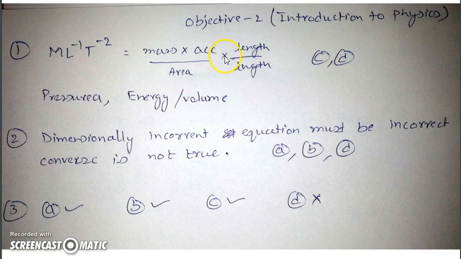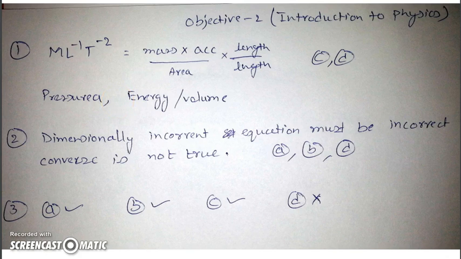What I did was multiply and divide by length, so mass into acceleration is force, force upon area is pressure, and force into length will be energy, and area into length will be volume, so it can also be expressed as energy per unit volume.